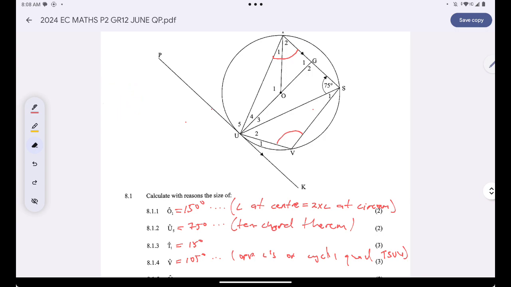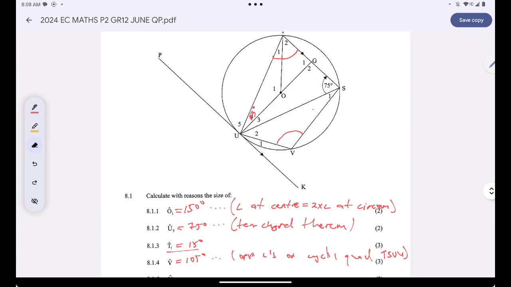Remember that here we calculated the size of angle T1, right? And we said T1 is equal to U4. So if T1 is 15 degrees, it simply means U4 is also 15 degrees, right?